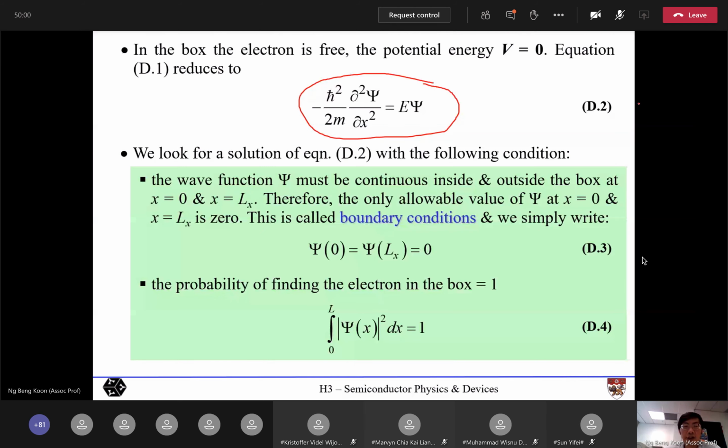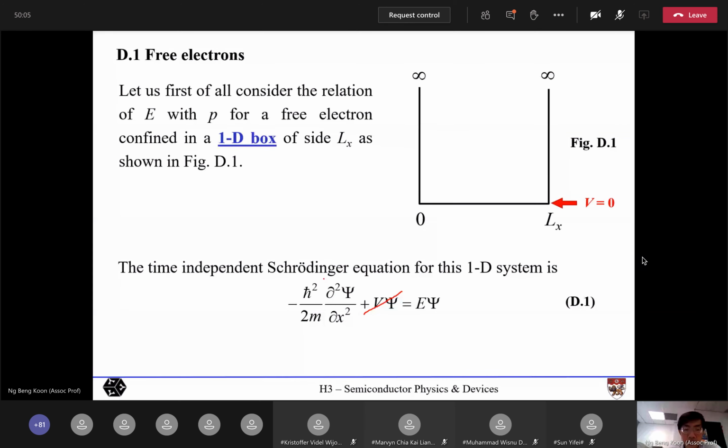And if we consider just a one-dimension problem, remember the Schrödinger equation has a del squared of psi. Remember I said this del is a derivative term. So in a one-dimensional problem, if you just consider the x-axis, then this operator del is simply the second derivative of your wave function.